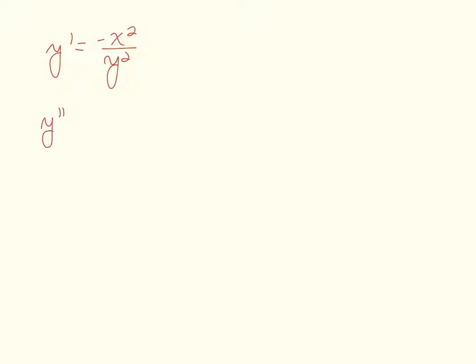The derivative of a derivative is the second derivative, equals, and since we are treating x and y similarly, we will need to use the quotient rule to find the derivative at this point.